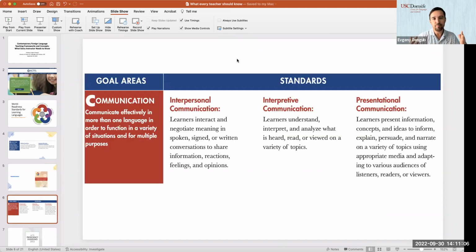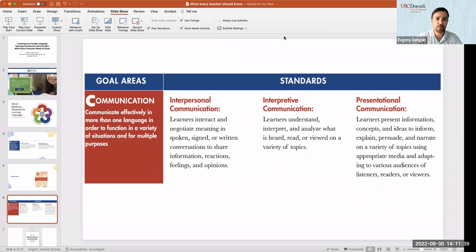So, a very important standard is communication, and here ACTFL introduces or reminds us about the three modes of communication: interpersonal, interpretive, and presentational. That's another framework, another concept that you should be aware of, the modes of communication.